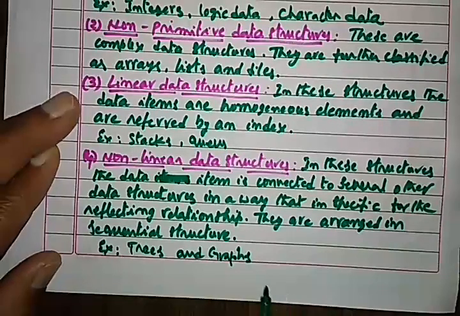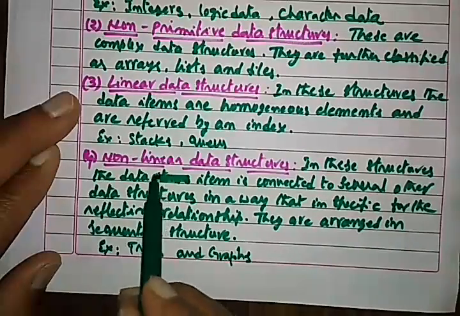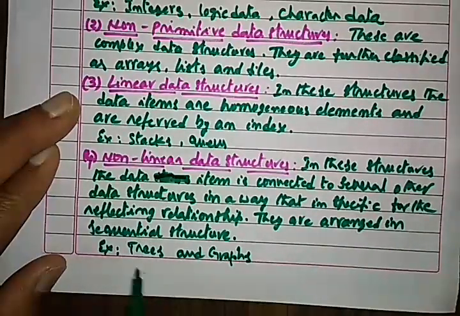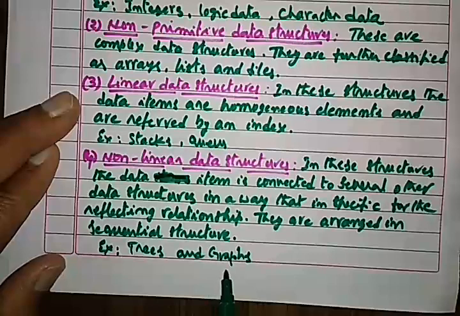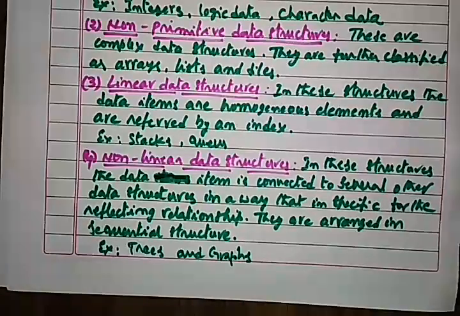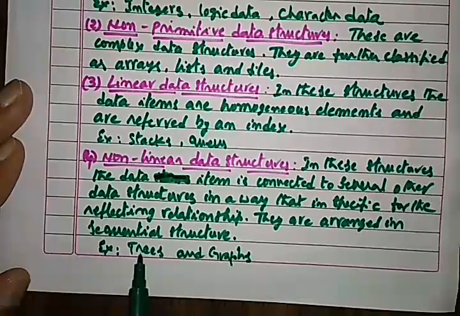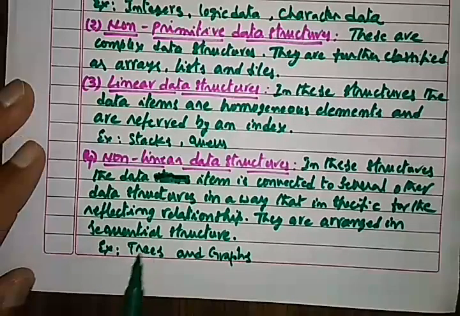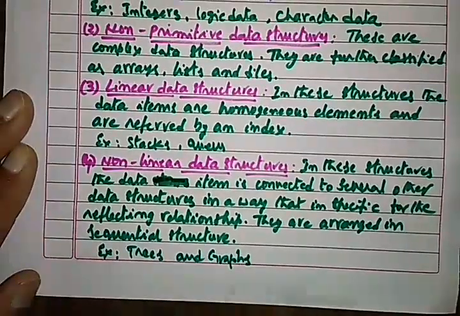So that way it is arranged. So these are very important. All these modern software use trees and graphs where the data is very huge, and if you want to randomly access it, then trees are important.